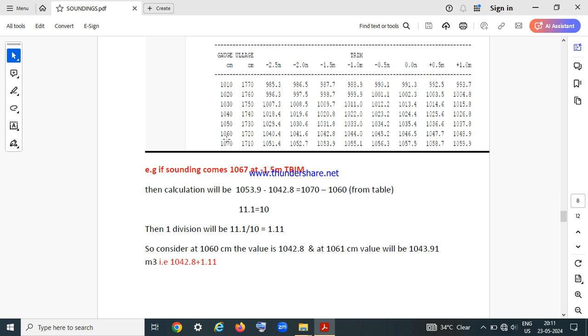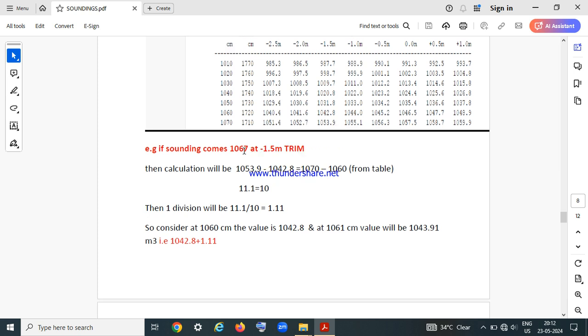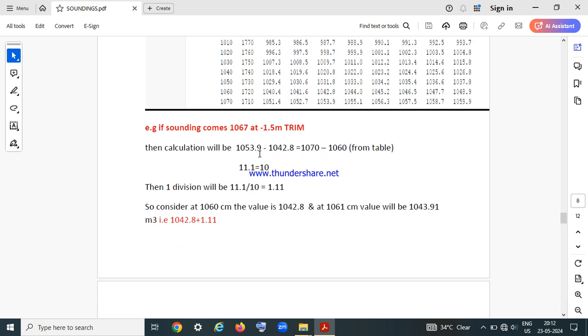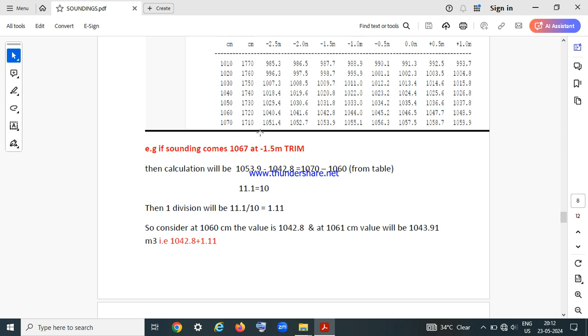1067 means between 1060 and 1070. So your value will be somewhere between 1042.8 and 1053.9. Here will be your 1067 centimeter sounding value in meter cube. The simplest method you can say: we subtract the lower value from the higher value, like 1053.9 minus 1042.8, because it is coming between 1070 and 1060.